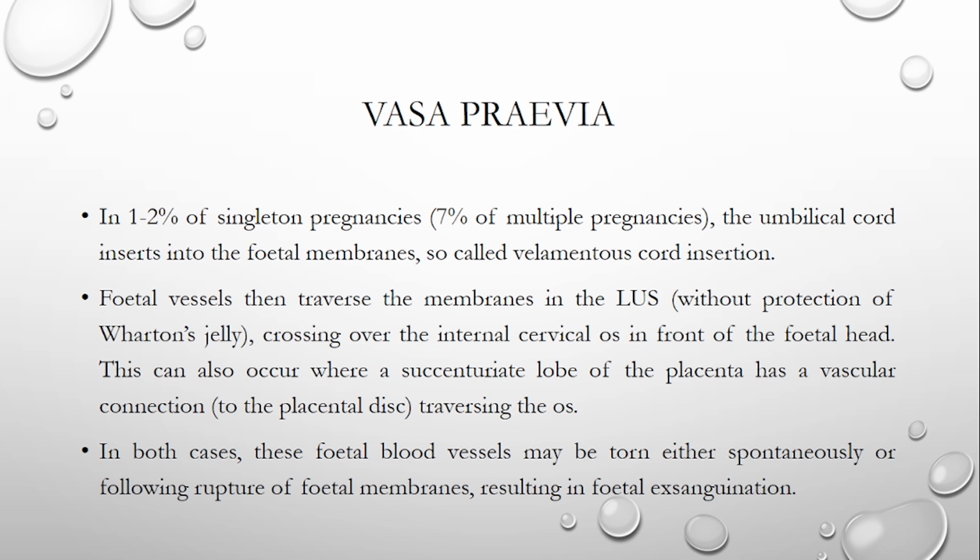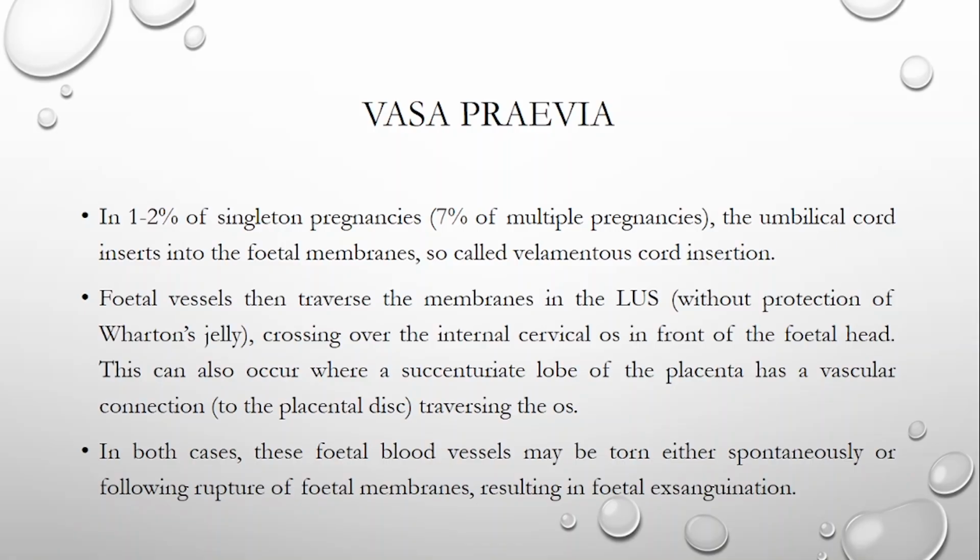So therefore, in vasa previa, the bleeding that is coming out of the vagina is from the insertion of the umbilical cord into the fetal membranes. So the bleeding is directly from the fetus.